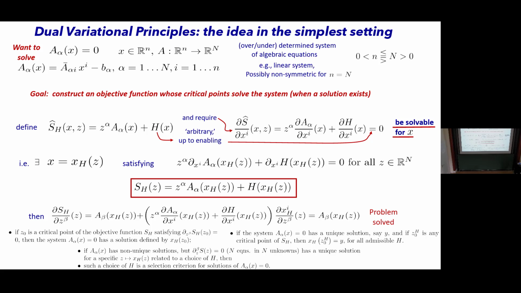Yes, please. So this condition there that you have on the right, does that fix H? No, because up to constants. This is for all Z. You're saying if I solve this for dH by dxi.